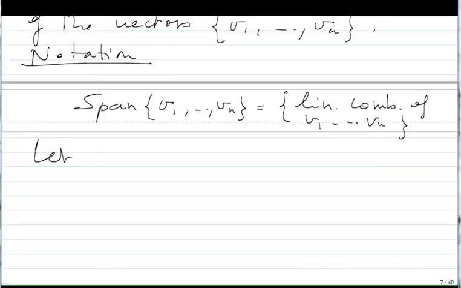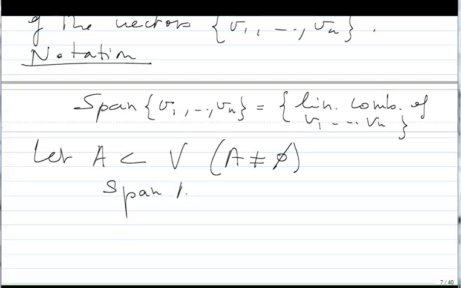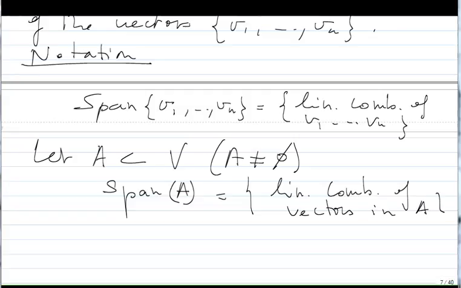Let A be a subset of V, A non-empty. So we have a set of vectors, and we can define the span of A to be the set of all linear combinations of vectors in A.